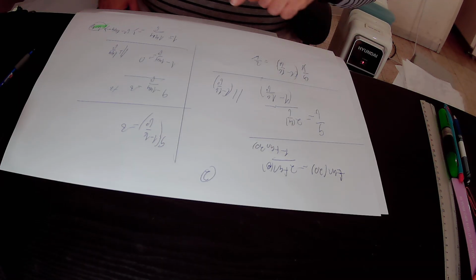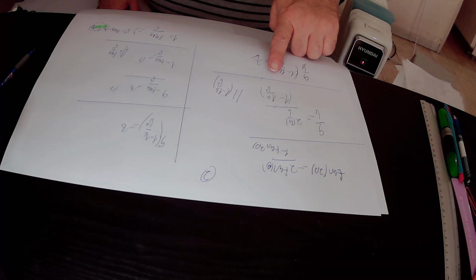Here we multiply this equation by 1 minus 16 over B squared.